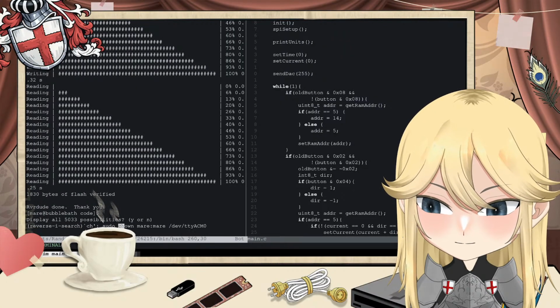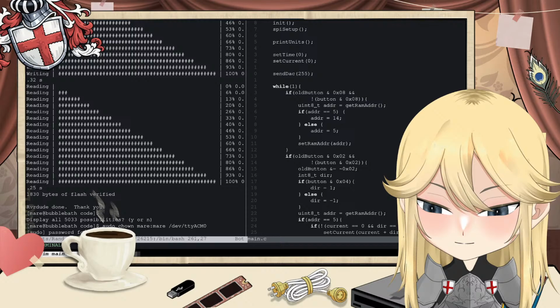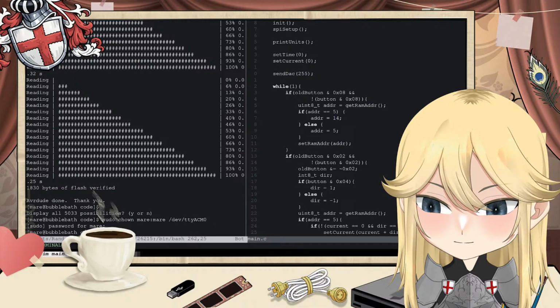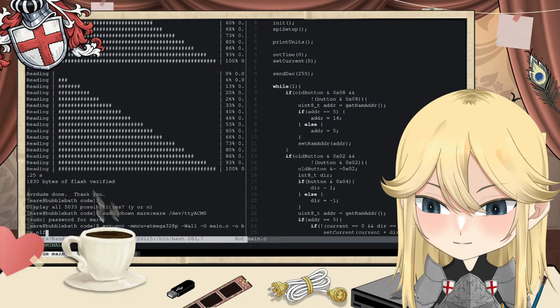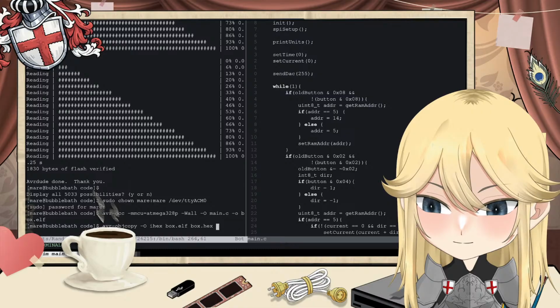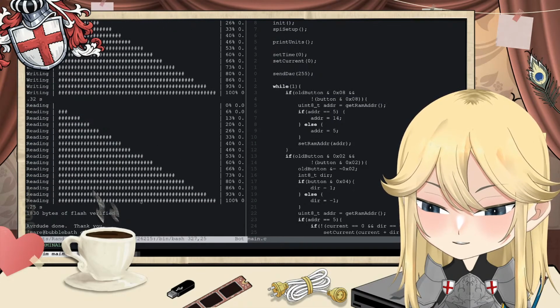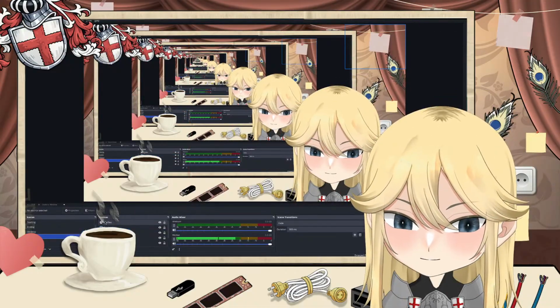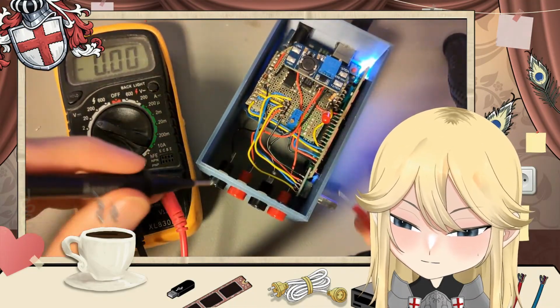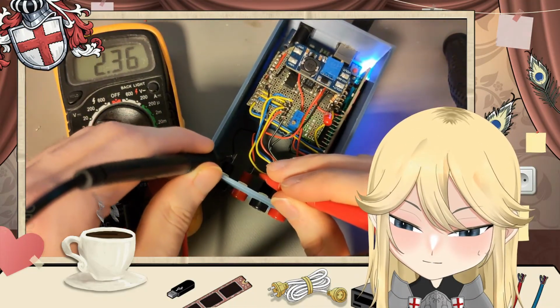And I need to reset that. Copy and send. Let's go back to the camera. Now we should be closer to the 12 volts.